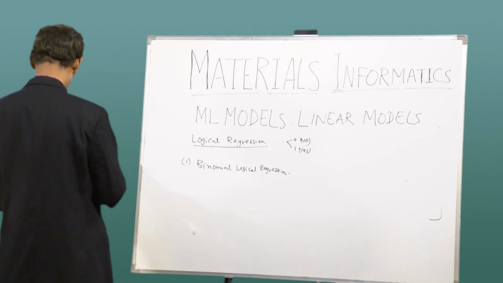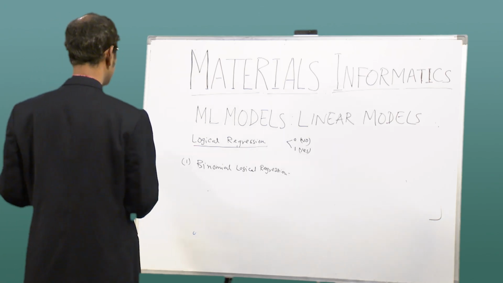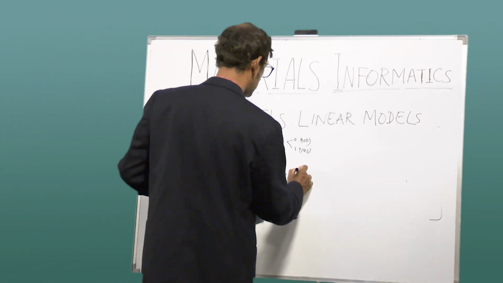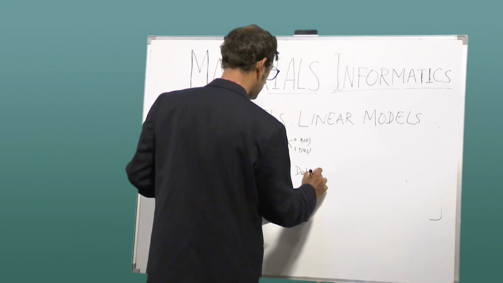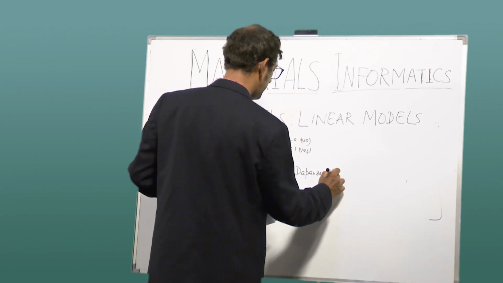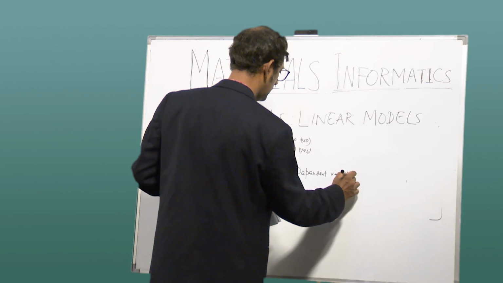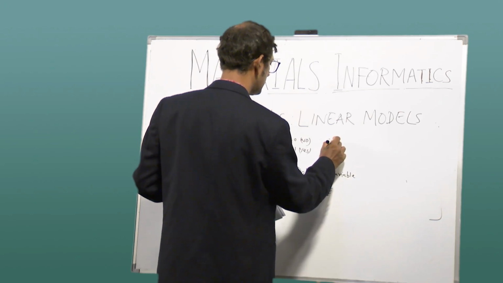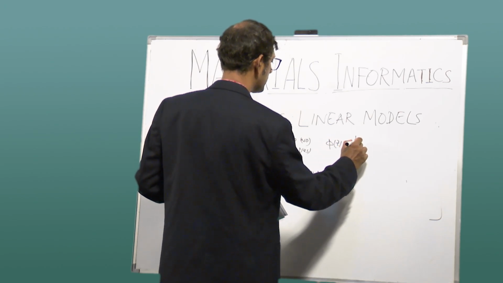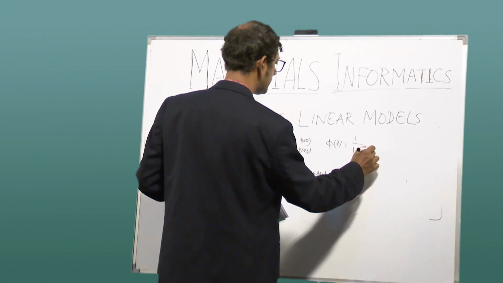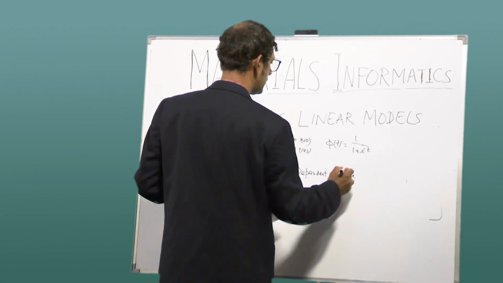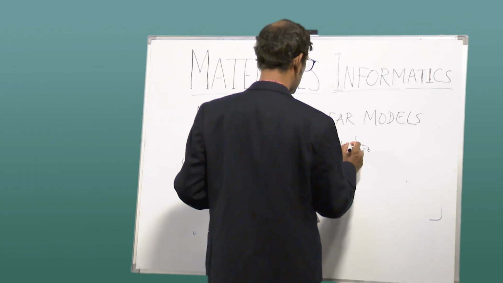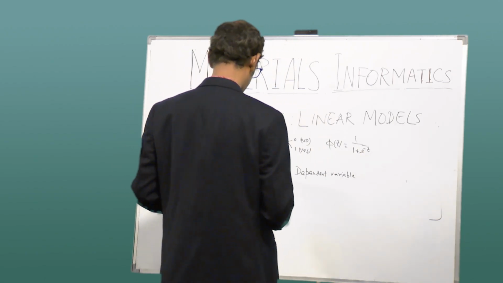variable is binary. The dependent variable here is phi z, the sigmoid function, and the independent variable is z.